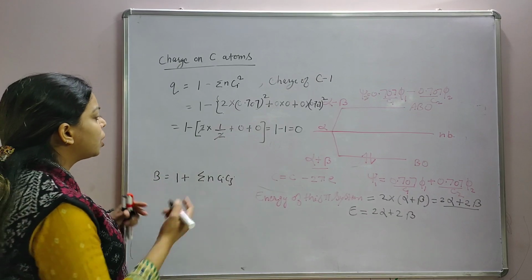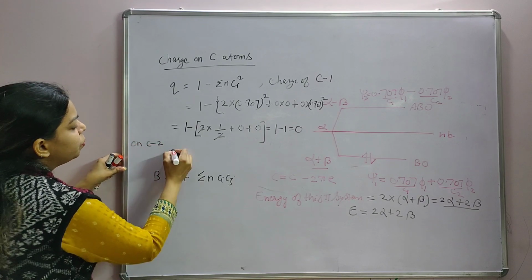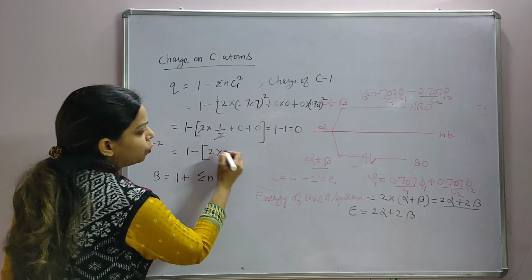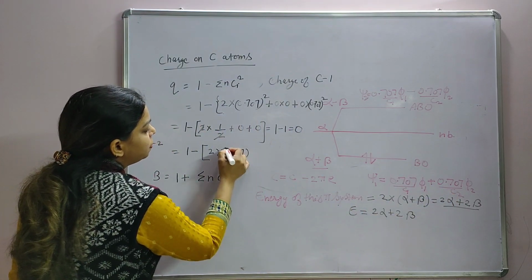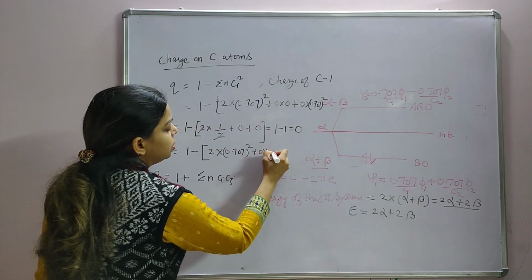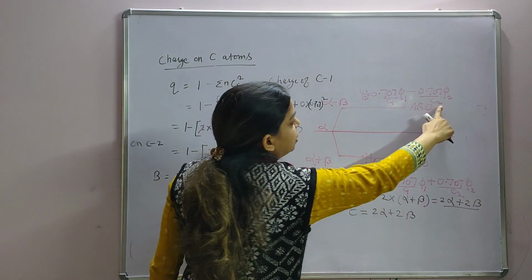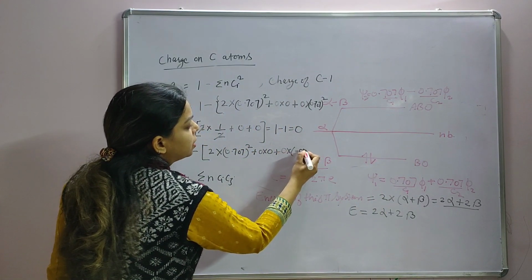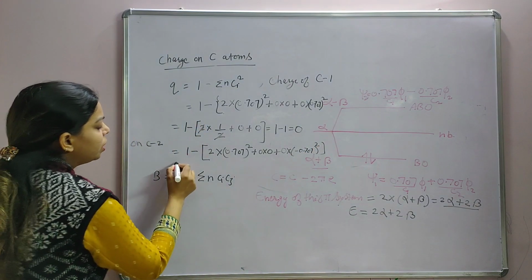Let's see what the charge on carbon atom 2 is. For carbon atom 2, we have 1 minus, again in the first level 2 electrons, the coefficient corresponding to the second carbon atom, again 0.707 squared, plus the next level with no electrons, where the coefficient corresponding to C2 is minus 0.707, so 0 into minus 0.707 squared.